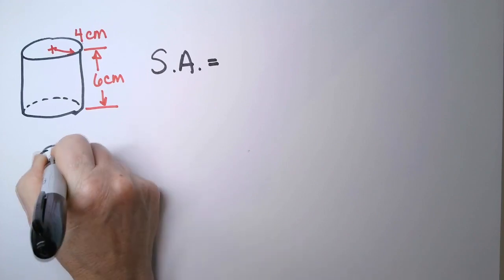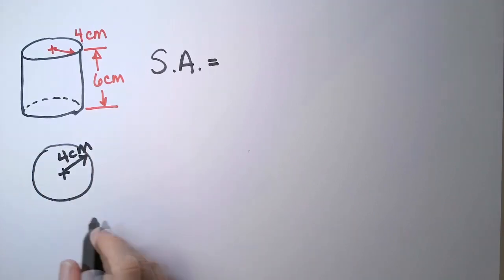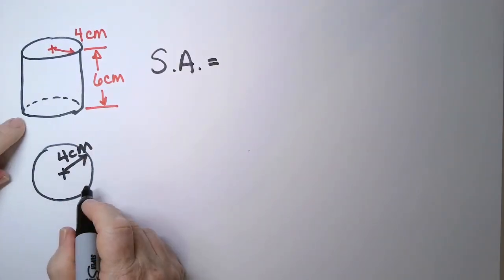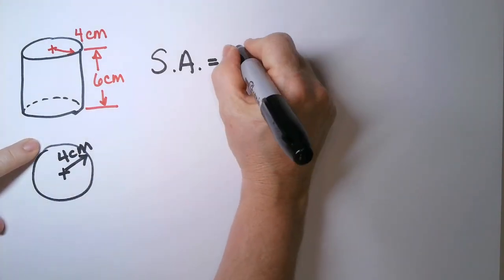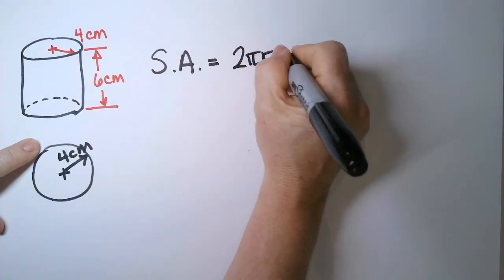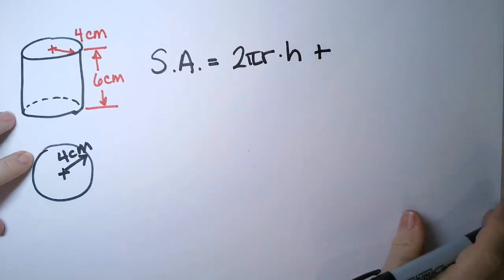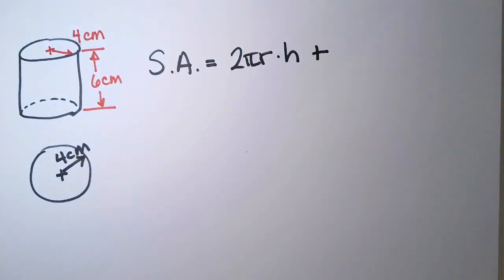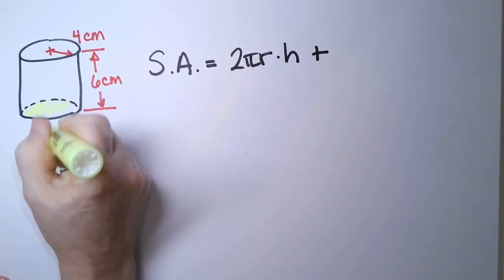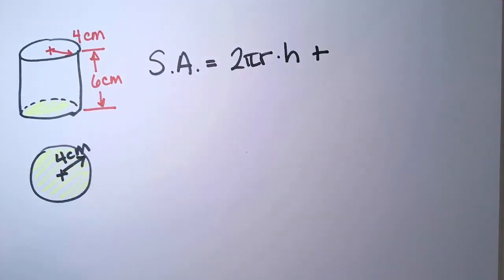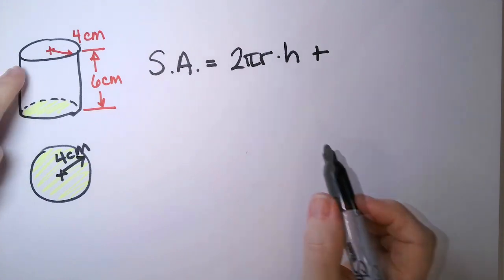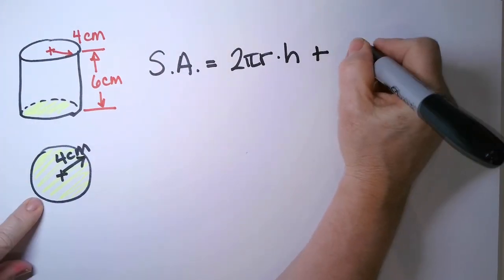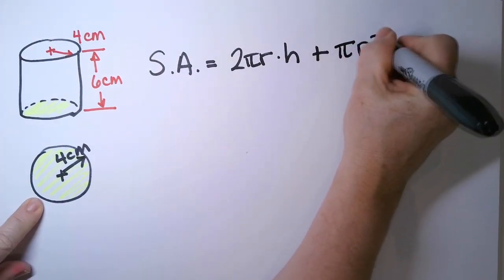So my surface area is going to be the perimeter, which is 2 pi r times the height, plus just one of the area of the bottom, this one here. I'll even color it in, which is a circle. Just one of them because there's no top. So the area of a circle is pi r squared.